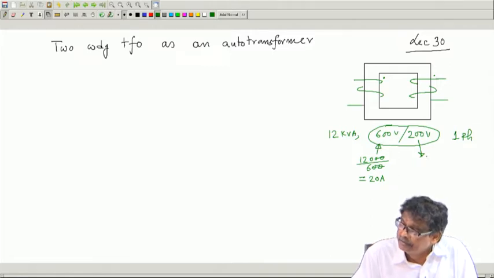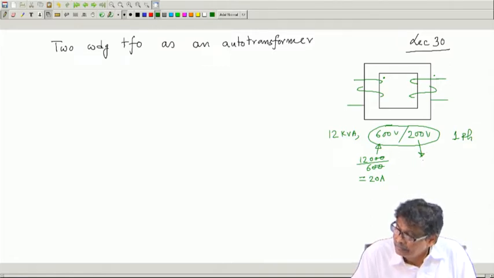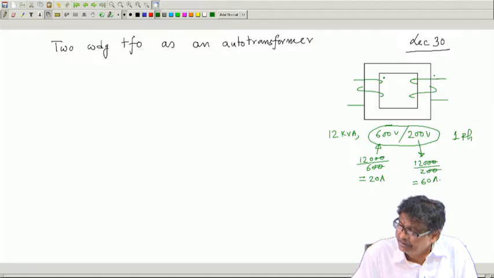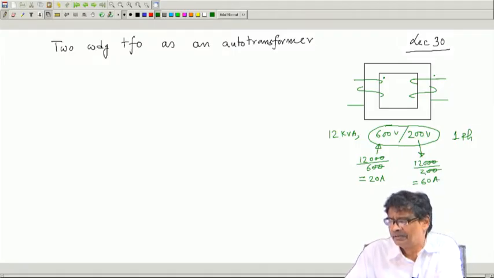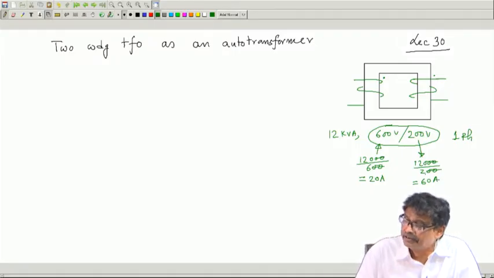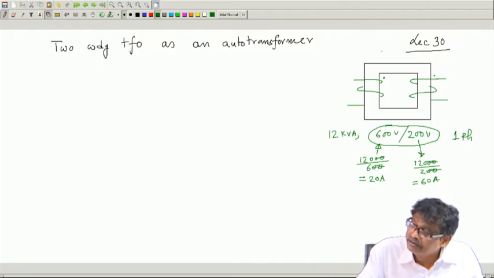How much? 12,000 divided by 200, and this is 60 ampere. I should be ready with this the moment kVA ratings and voltage ratings are known for a two winding transformer.